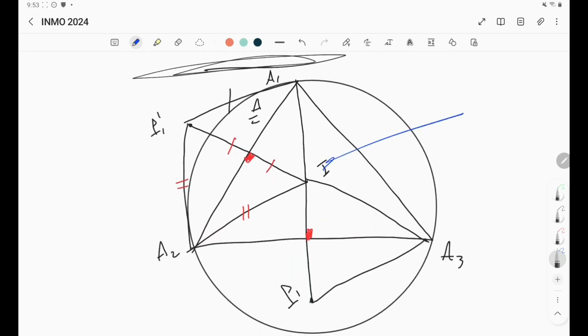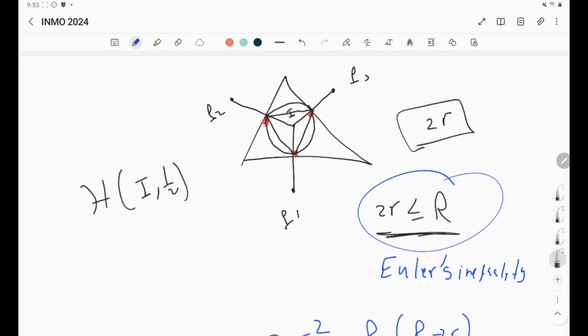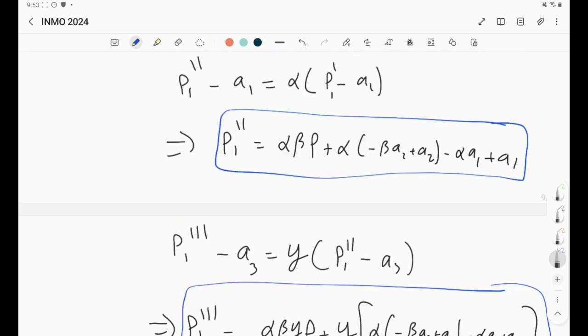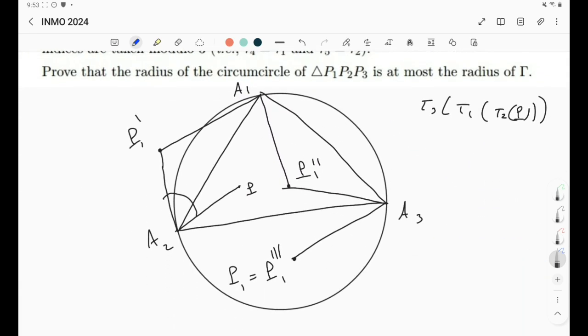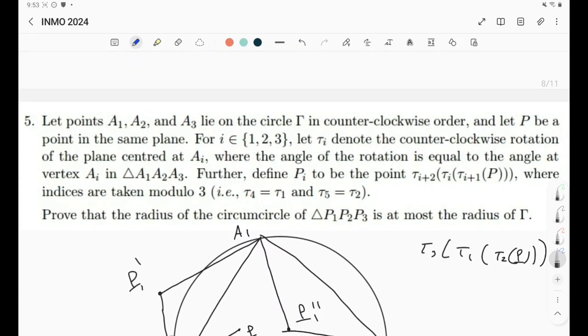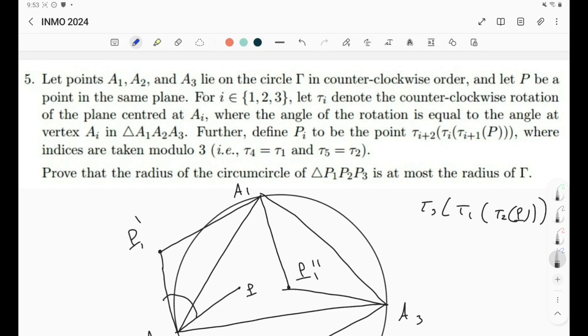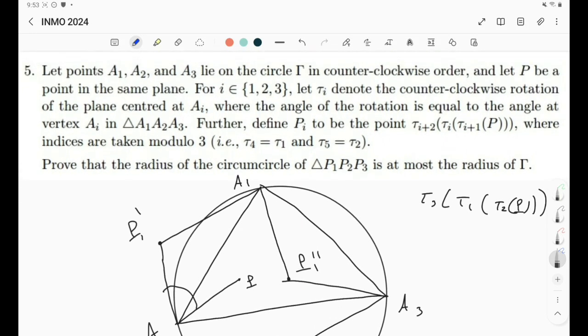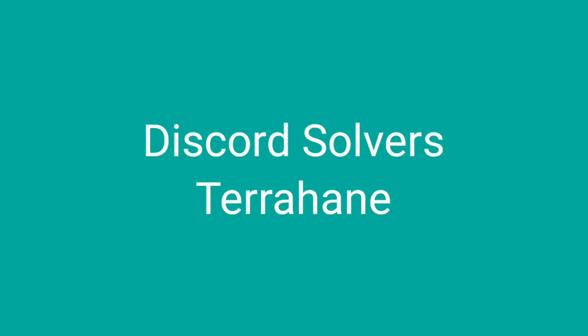So that just means we can pick the P that we want. The best P was I, and I was very easy to deal with. So yeah, that's it, we're done. Of course, you can do a synthetic proof for this, but this is what I thought of personally. And I really do stress that complex numbers are very important to deal with rotations. So make sure you learn these.